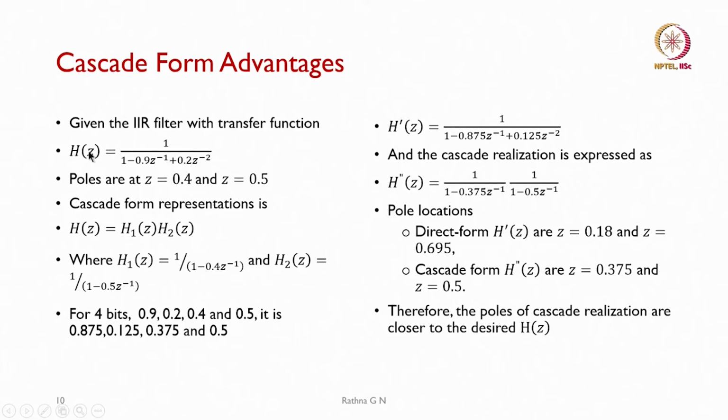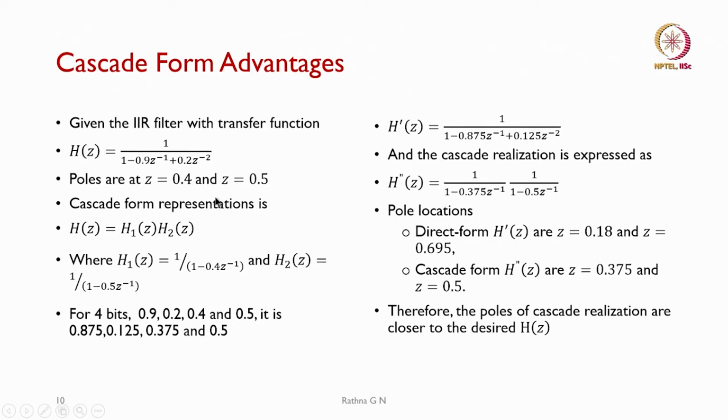The impulse response of the filter in the Z domain is given as H(z) = 1 / (1 - 0.9 z^-1 + 0.2 z^-2). If we consider the poles, then z = 0.4 and z = 0.5.